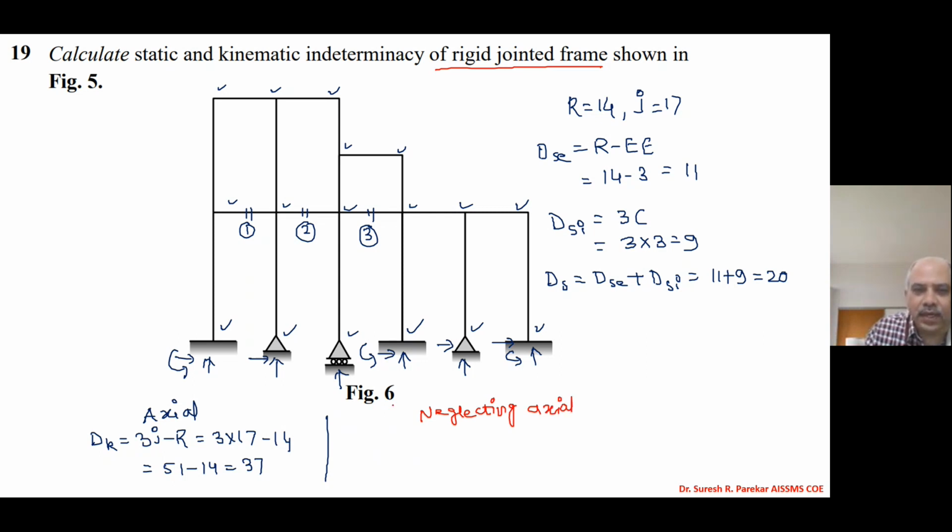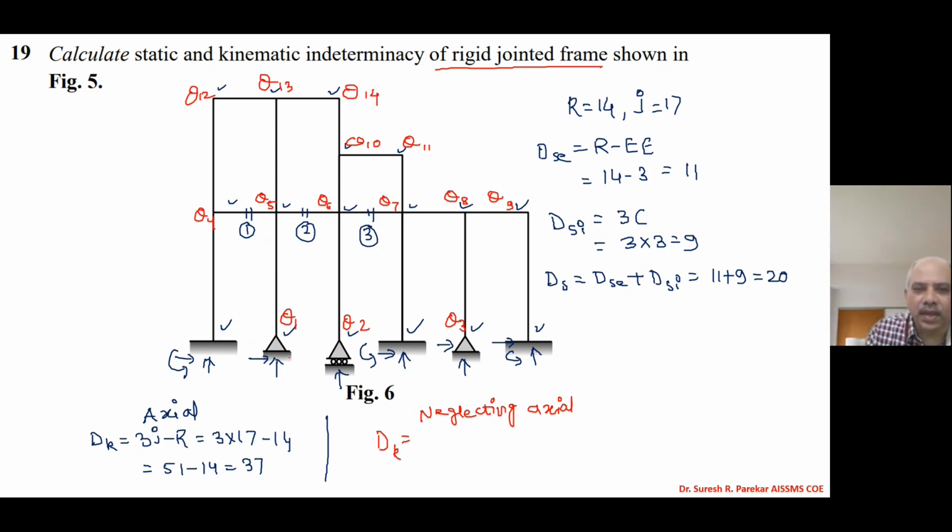We have DK is equal to, now we have theta 1, theta 2, I will mention all thetas first, theta 3, then we have theta 4, 5, 6, 7, 8, 9, 10, 11, 12, 13, 14.